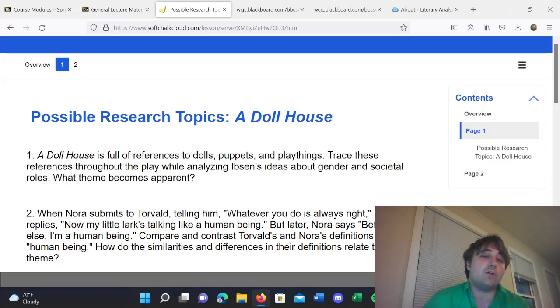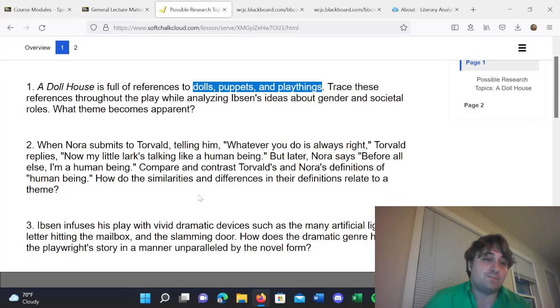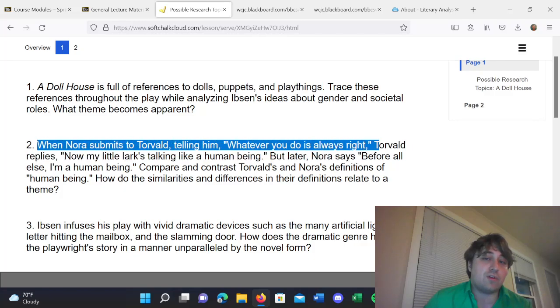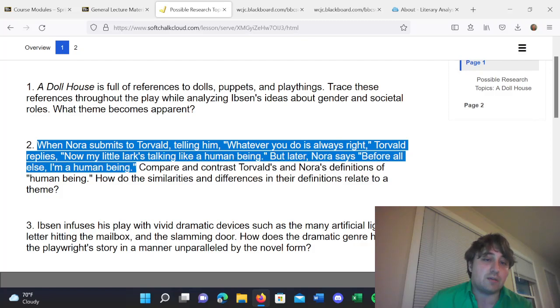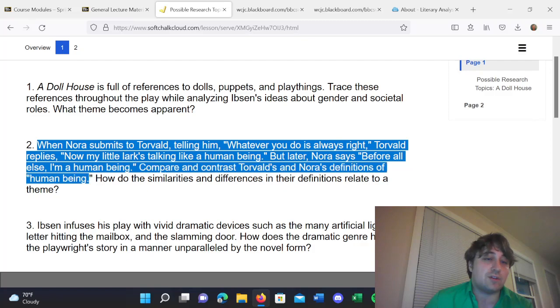You could look at what are the major symbols in the play. When Nora submits to Torvald, telling him, "Whatever you do is always right," he replies, "Now my little lark's talking like a human being." But later Nora says, "Before all else, I'm a human being." Compare and contrast Torvald's and Nora's definitions of a human being.